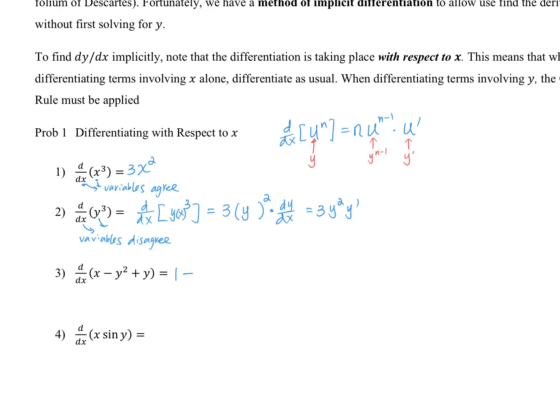Now, this variable is y and this is x, so they do not agree. We have to use the chain rule. And again, just use the general power rule. We have 2 times y to the power 1 times the derivative of the inner function, the derivative of y. Again, I usually prefer to write y prime. You can write dy/dx.